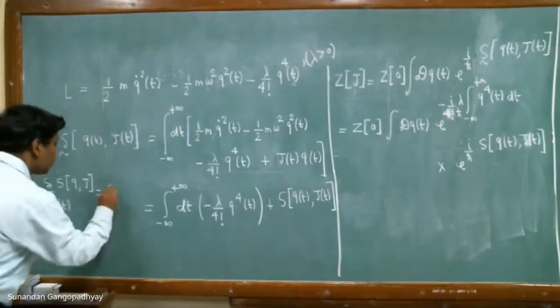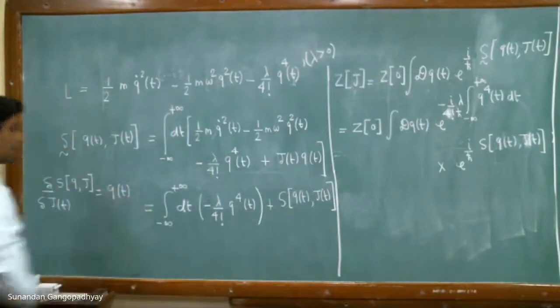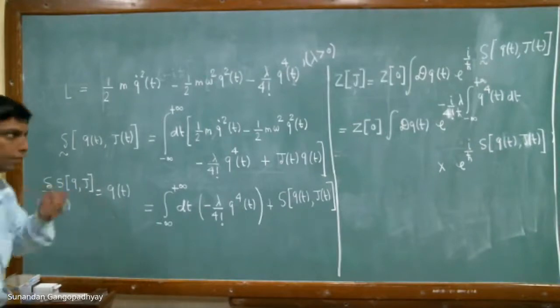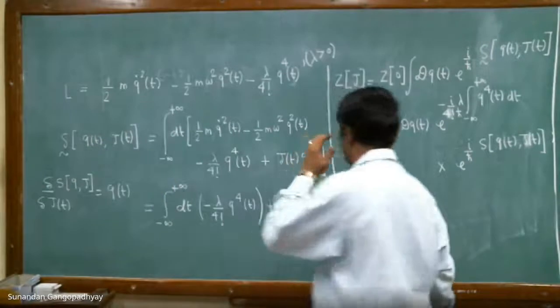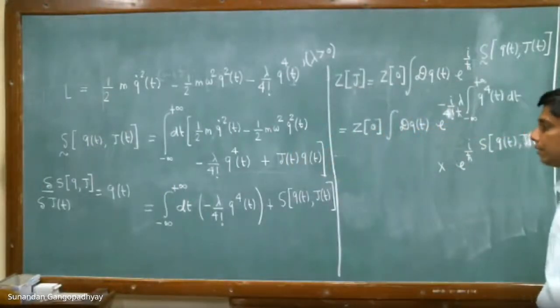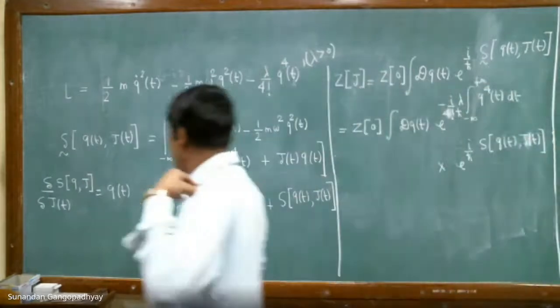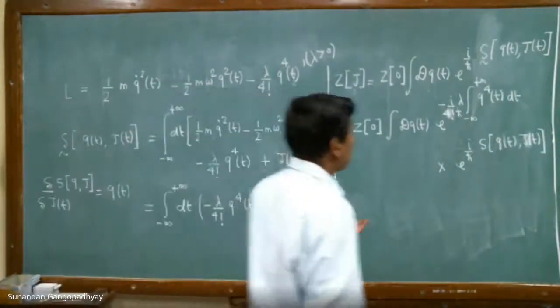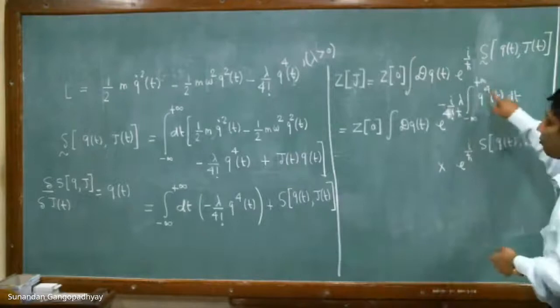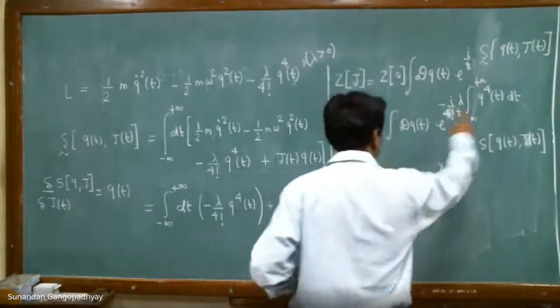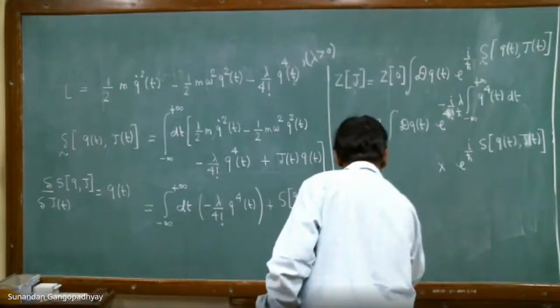So this will give us q(t). So functionally differentiating S[q, J] with respect to the external source J at time t will give us q(t) from this expression. This is just straightforward. And you see that here there is a term q to the power of 4 that is hanging around, right? Therefore I can write this expression in the following form.